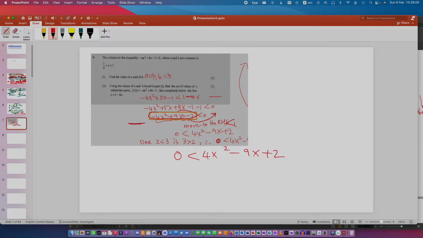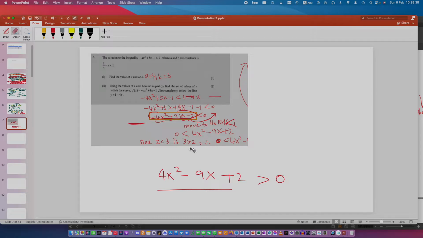So I bring it over, and I end up with this. Why? Because 0 is smaller than this thing. If 0 is smaller than this, that means this is bigger than 0. Do you understand? That's why I use this simple example to illustrate.